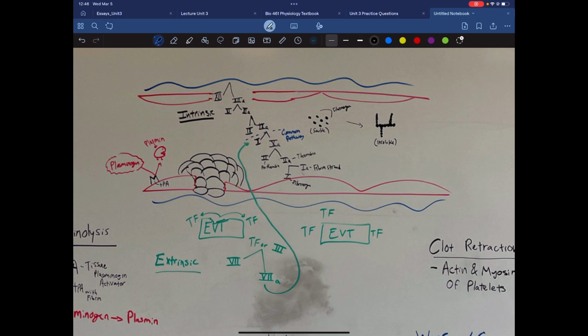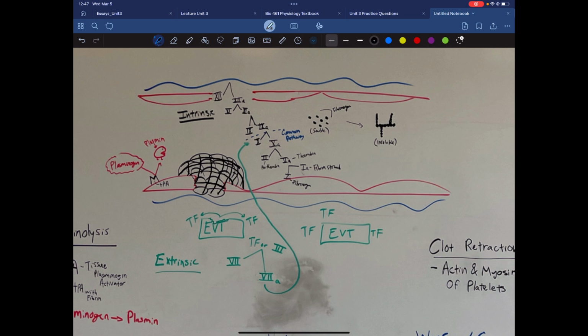Because we talked about the platelet plug, but fibrin's job is to kind of anchor down this platelet plug. The strands, as you can see, there's one right here going horizontal, and these other ones going vertical. Right now I'm drawing these horizontal ones, but then they cross-link and create this net-like structure that holds down the platelet plug.